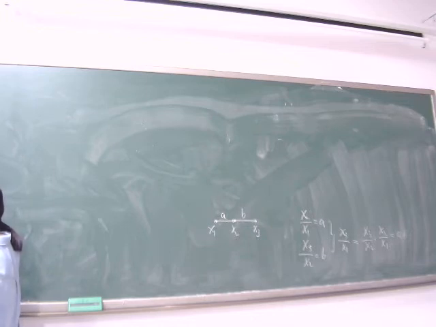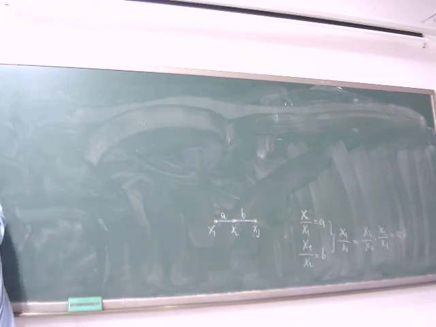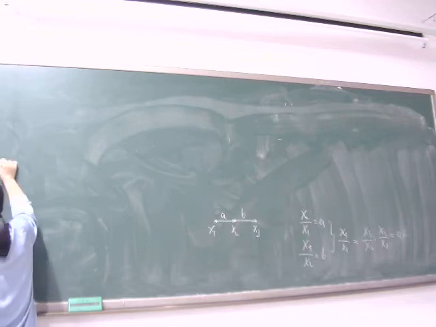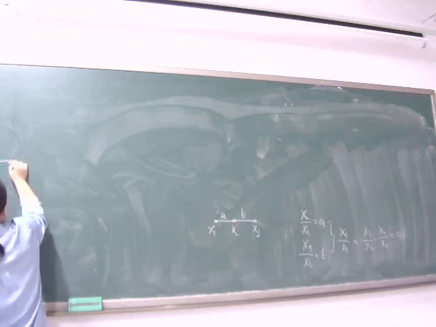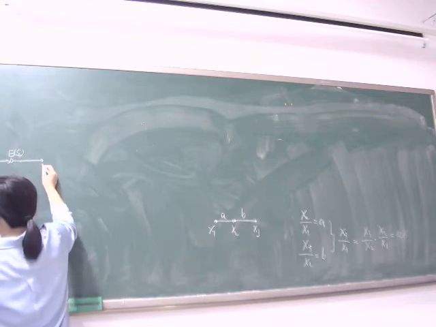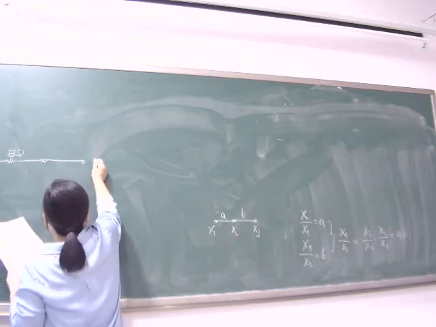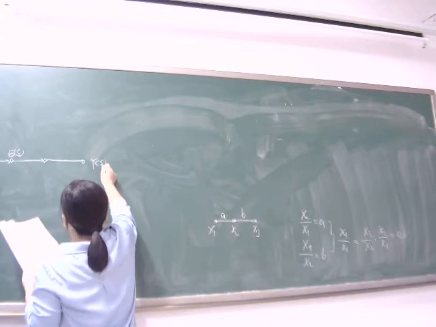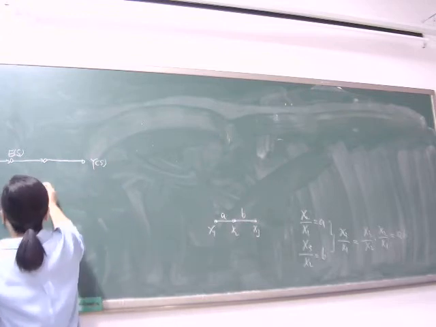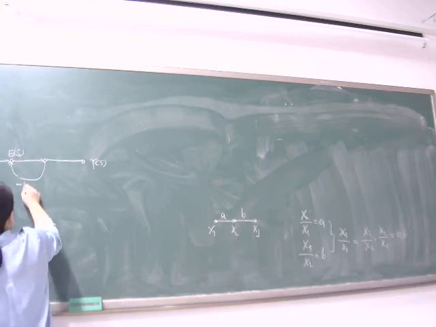You can see it clearly. This is R, and E, also this Y, minus H.